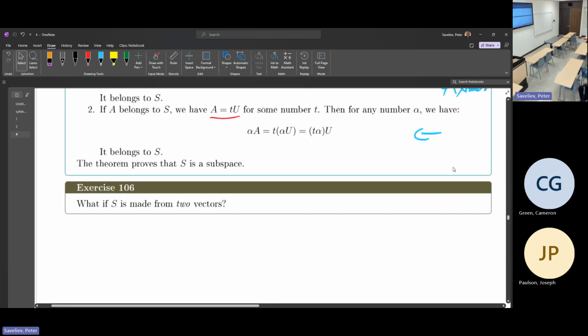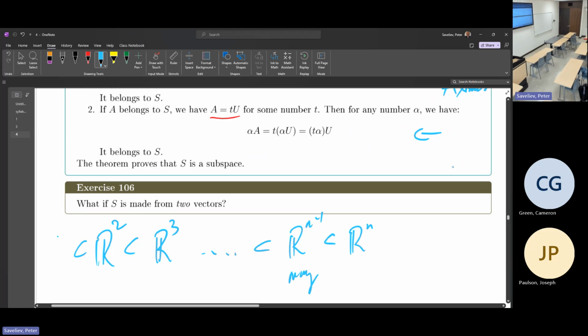So every R n will have R n minus 1, many of them, and then on and on, you go to R3, R2, R1, and each of them is many. Just the lines we just saw are infinitely many of them, and the same with every other dimension.